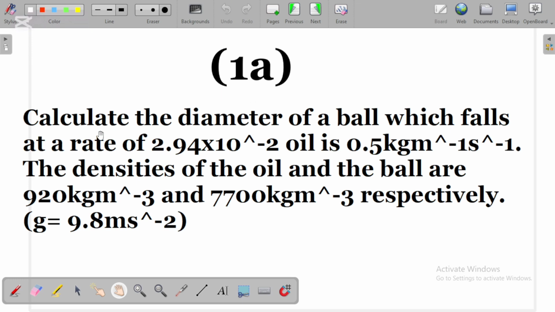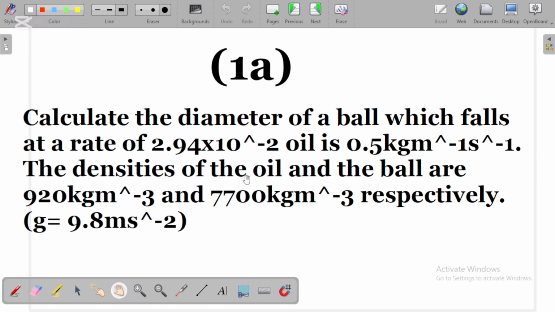Alright, so this is question 1A. It says, calculate the diameter of a ball which falls at a rate of 2.94 times 10 raised to the power negative 2. Oil is 0.5 kilogram per meter per seconds.